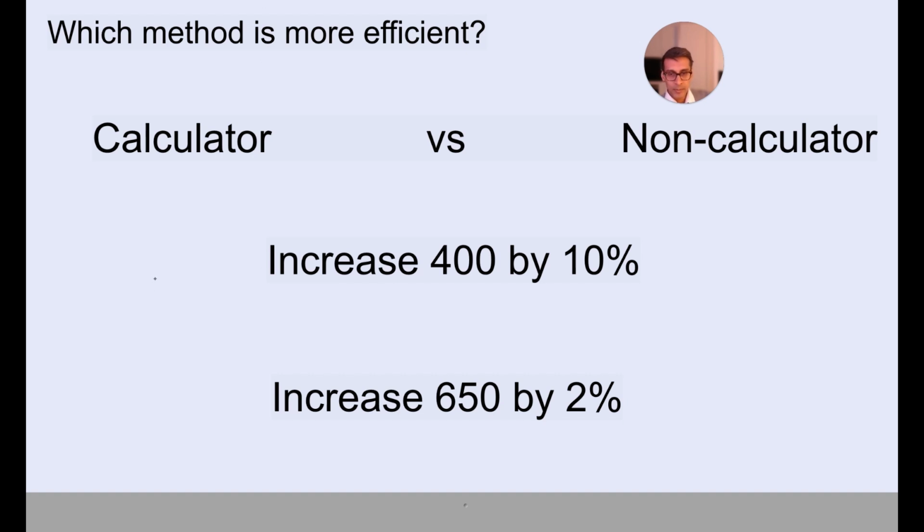So I think the first one, a 10% increase, you know it's going to be 40, so just adding 40 onto 400, it's probably quicker to do in your head. The second one, 2% of 650, not a hard question, but generally you might increase 650 by 2% by doing 650 times 1.02. Might be a bit quicker to do that, then work it out.